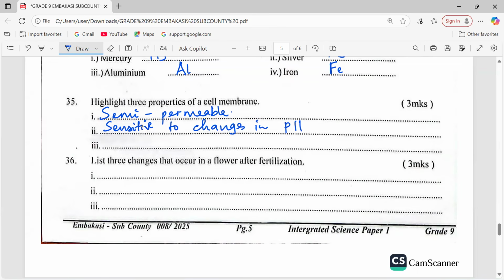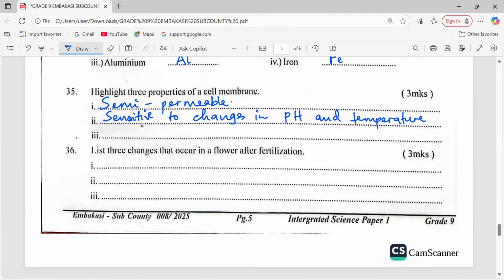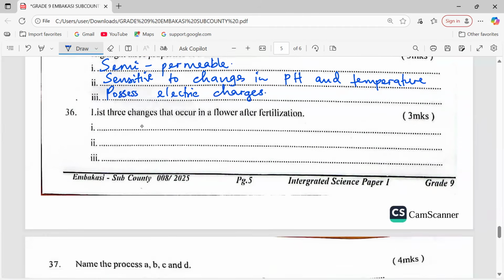That's one property of the cell membrane of a cell. And finally, it possesses electric charges. This is another property.